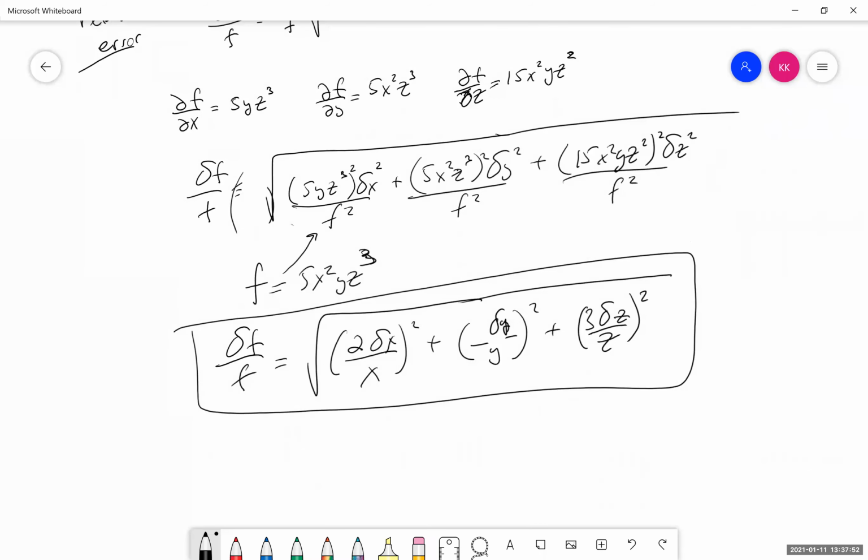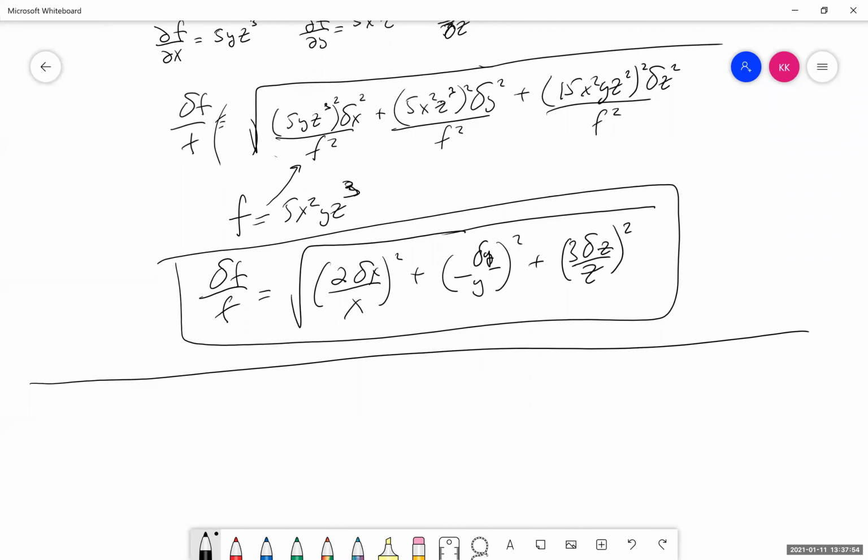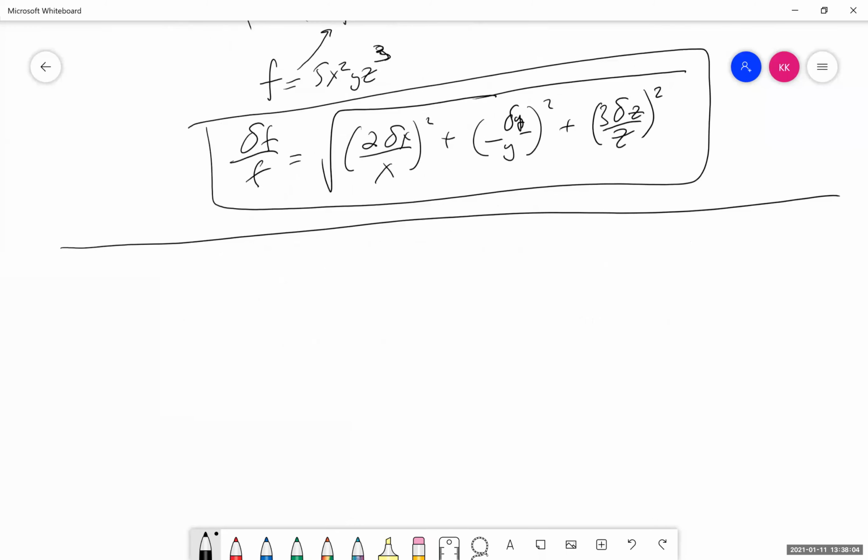All right. Now, as a last example, we apply what we just learned to our volume example, the volume measurement. Remember, volume was pi over 4 times diameter squared times length. This was from the measurement of diameter.